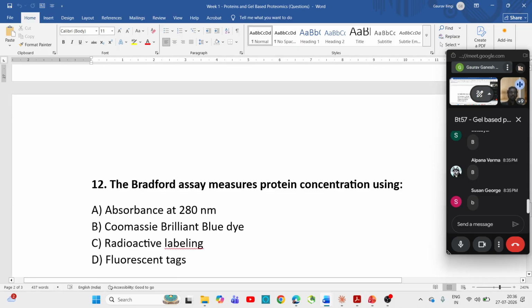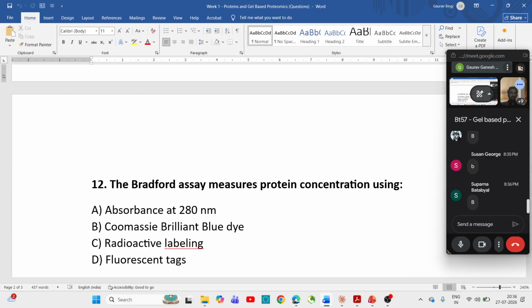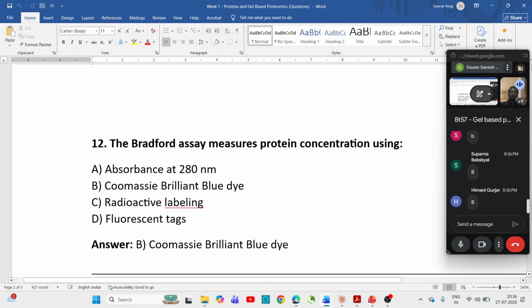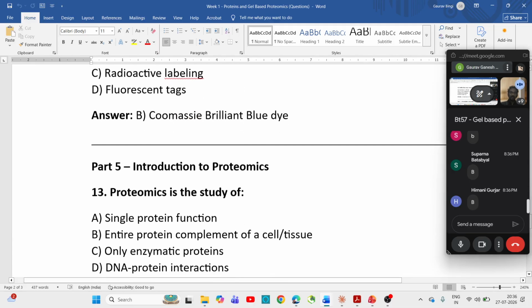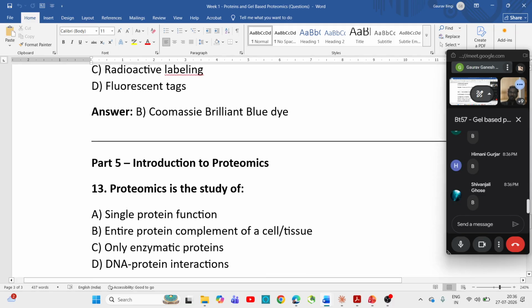Bradford assay measures protein concentration using what? Yes, it's B, it's Coomassie Brilliant Blue. Proteomics is the study of what?